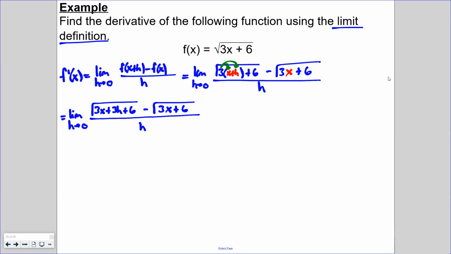All right, so here we have a limit where we have radicals in the numerator and an expression in the denominator.